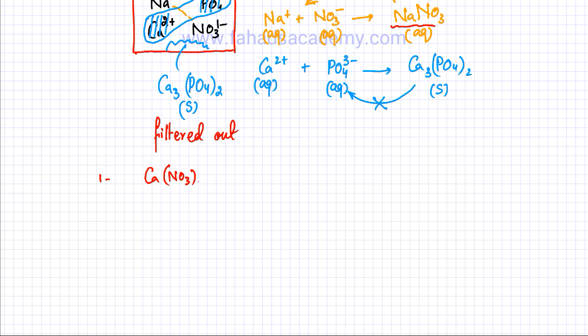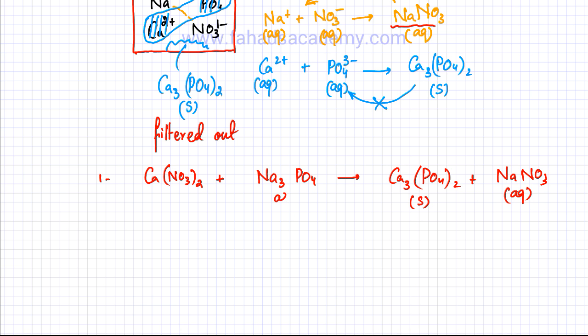So calcium nitrate is going to react with sodium phosphate, and it's going to form an insoluble calcium phosphate, and sodium nitrate would remain part of the solution. So this would be in aqueous state. This is an insoluble salt that you're going to obtain. Sodium phosphate is also in aqueous state. Calcium nitrate is also in aqueous state.